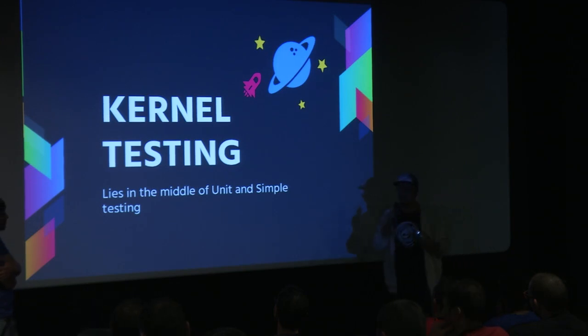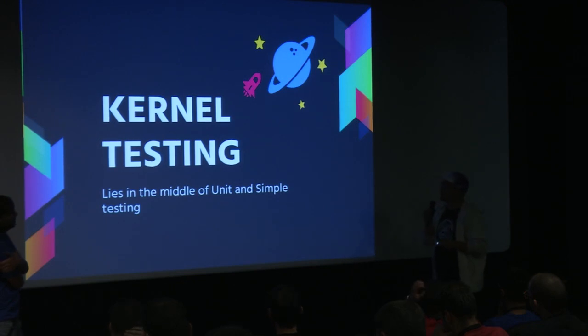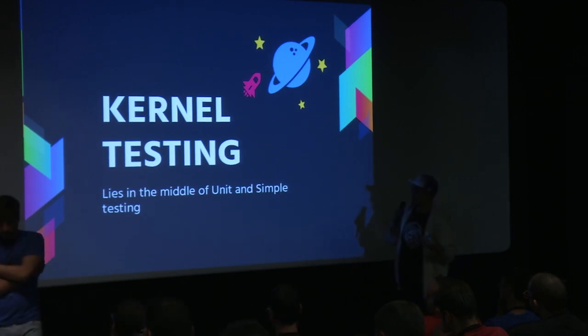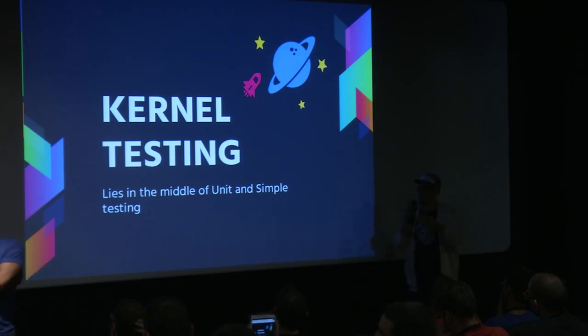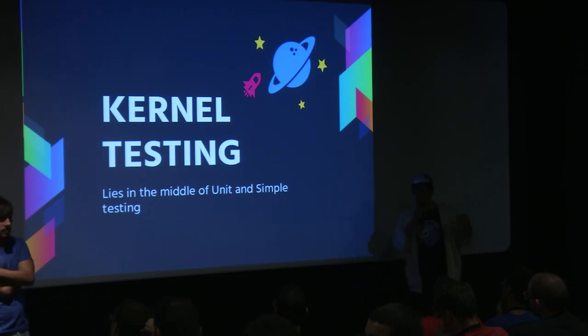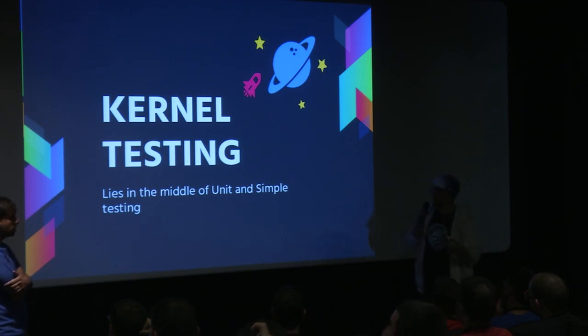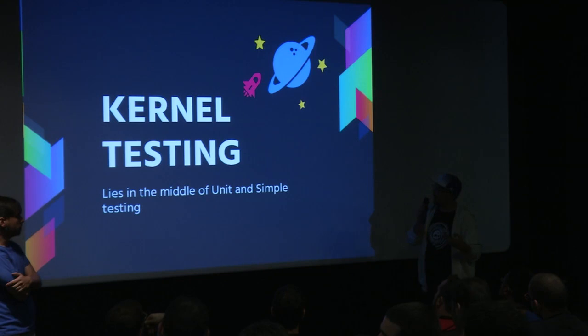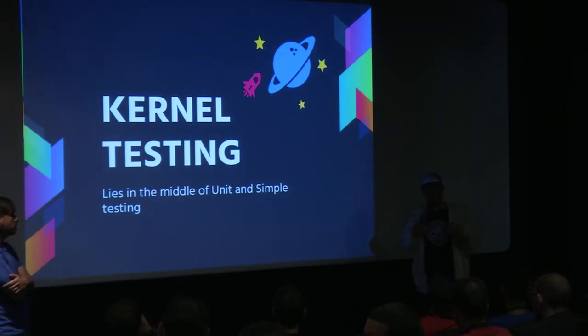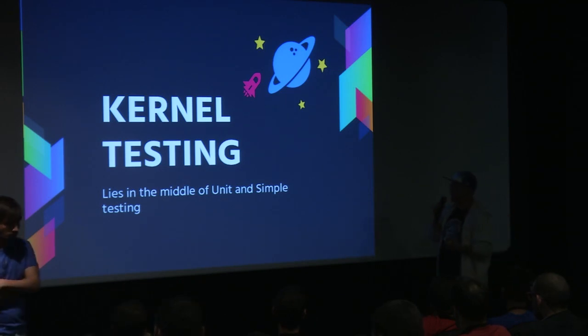We say that this talk is about unit testing, but we are also introducing a bit about kernel testing. As Mateu said, in unit testing you are testing a unit of code, generally a class, but kernel testing allows you to test APIs, and it allows you to test your code inside Drupal and how it relates to Drupal.